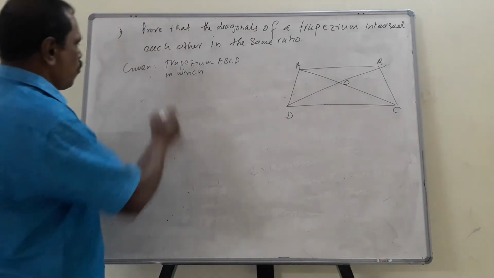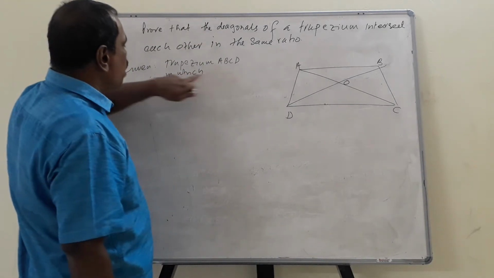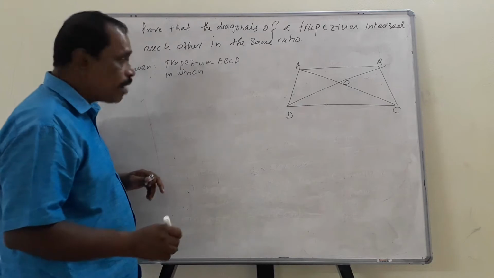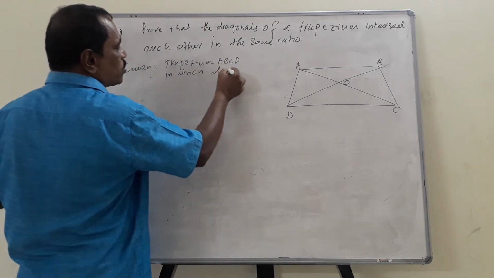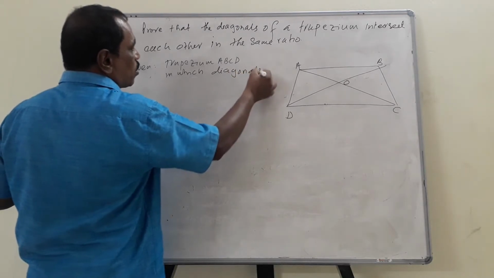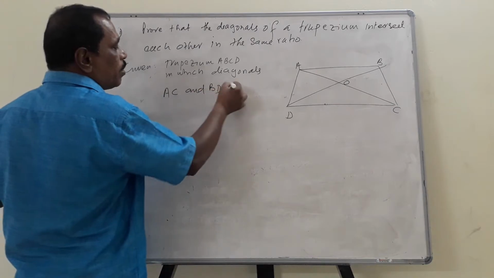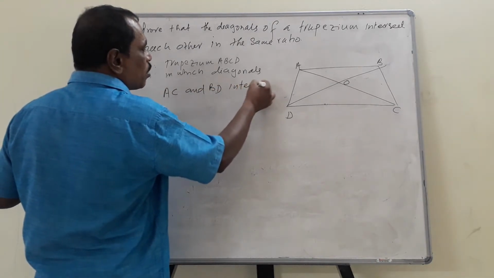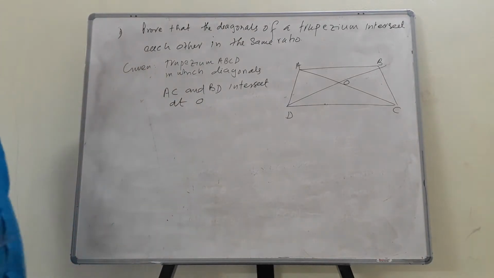Now, what is given? First, read the question. The trapezium ABCD in which diagonals AC and BD intersect at O. This is given.